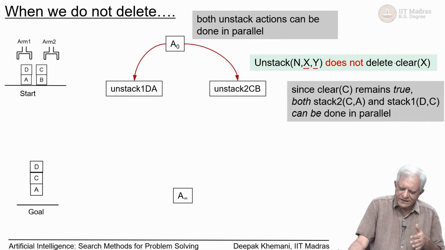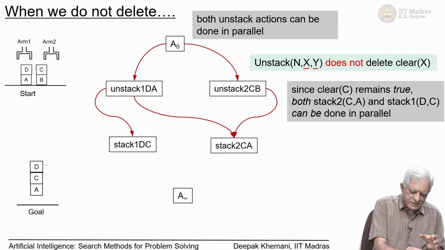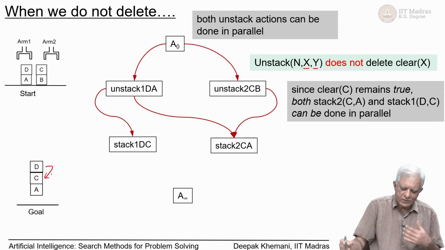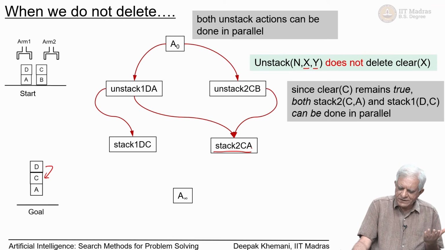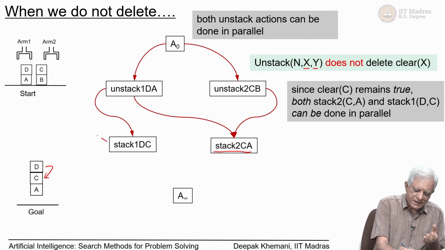Now, we are interested in clear C in particular because we want to stack D onto C. Remember, this is an action we want to do, which is to stack D onto C. Since clear C remains true, what are the conditions you need for arm 1 to stack D onto C? What are the preconditions for this action?